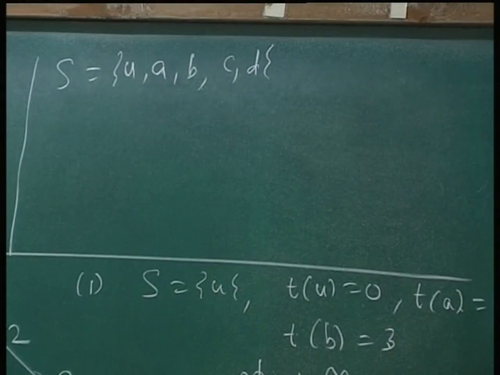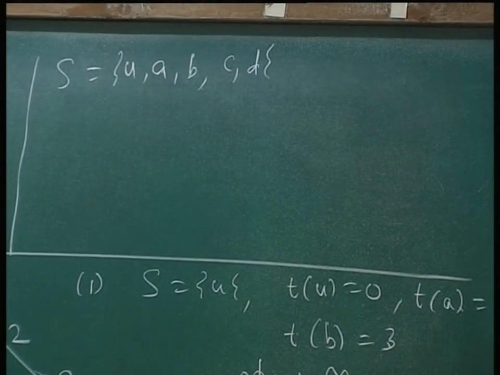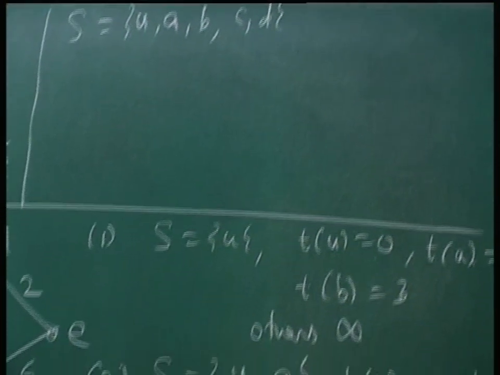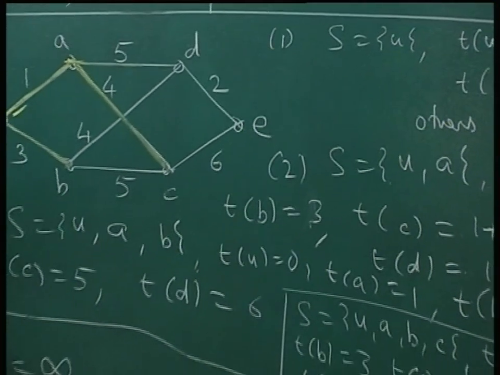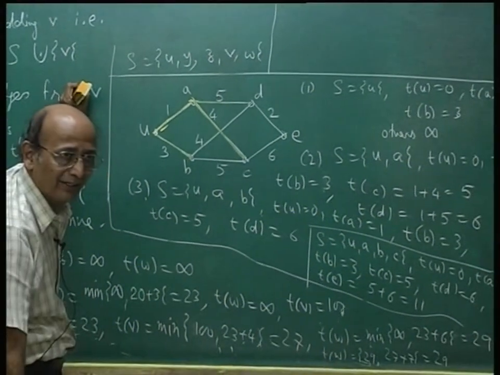How do we approach D? This way. Oh yeah, there is a mistake I have made. I see that T of D is not 6 because when B got added, okay, we did, no, sorry?